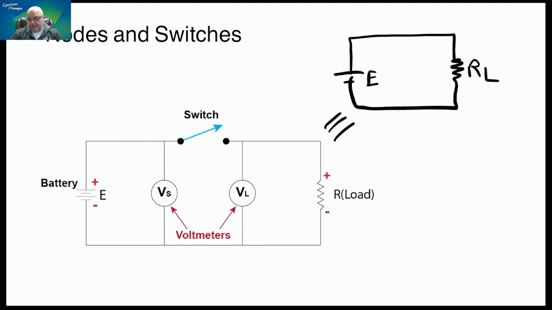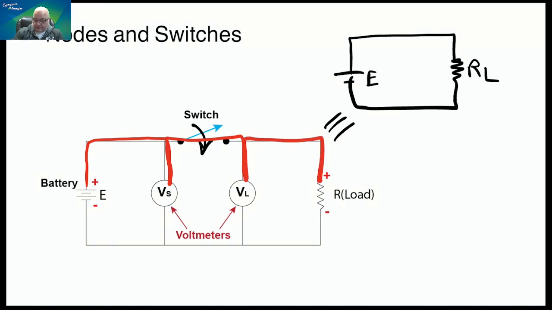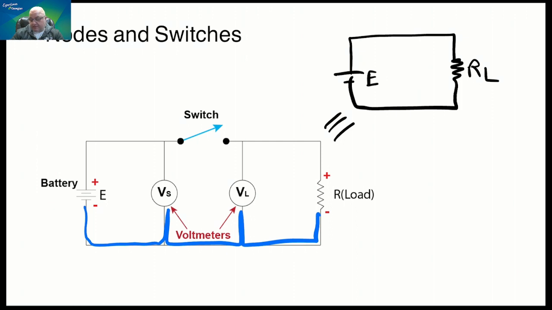Now, when the switch is closed, there will be connectivity in this red node right here. And of course, this blue node is always connected. There's no switch in that blue node. So for the red node to be connected, the switch must be closed. What would happen if the switch is open? The connection will be like this. That's it. The connection will stop.